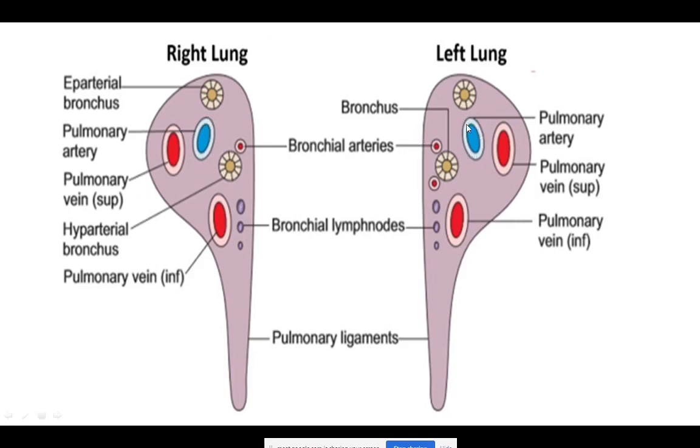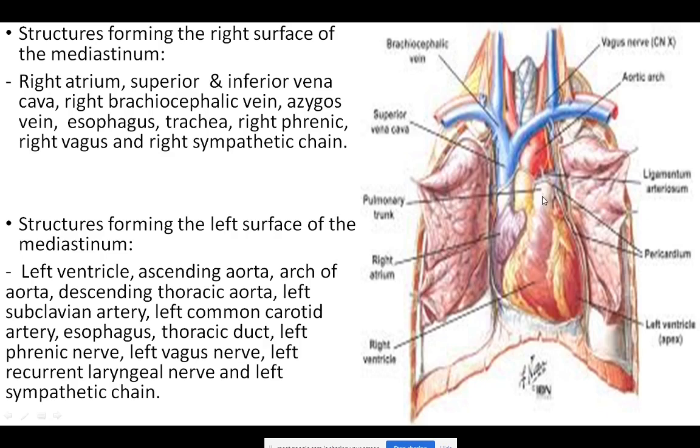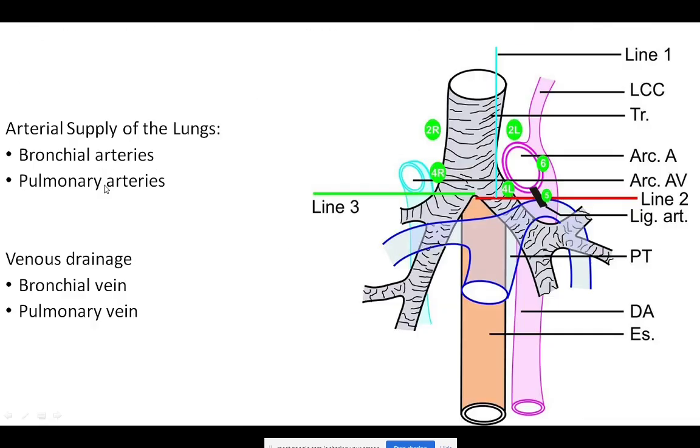This pulmonary artery is a branch of the pulmonary trunk. Over here, this is the pulmonary trunk. The pulmonary artery is present only one on each side of the lung, and it divides subsequently along with the bronchial tree.